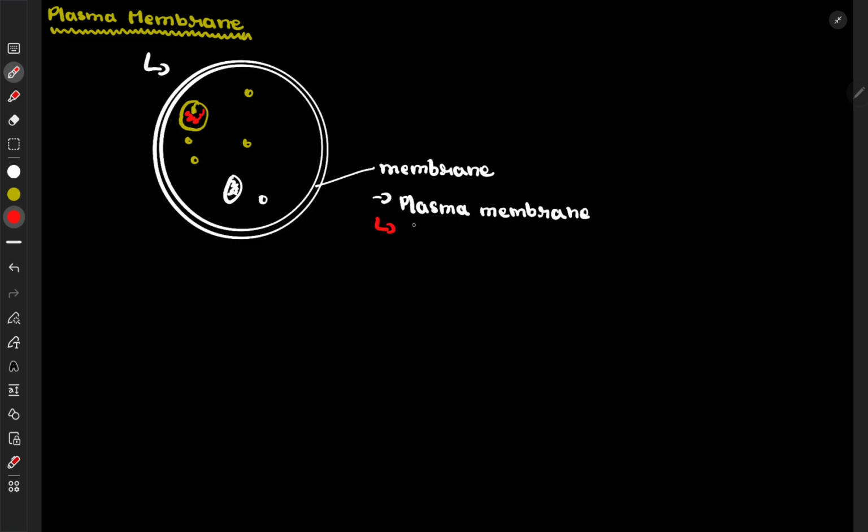Now, this plasma membrane is semi-permeable for solvents, and it is selectively permeable for solutes.